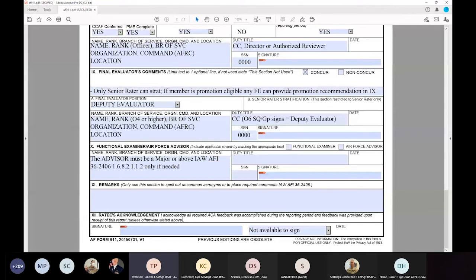So if the unit has a good mechanism for tracking to make sure that the shell is accurate, do we have to attach it in VPC, or can we just skip it altogether? You can skip that. That's just specifically unit level knowledge and assistance. Like I said, we don't check them. So if your unit decides to not add them, we are not going to send it back for that.